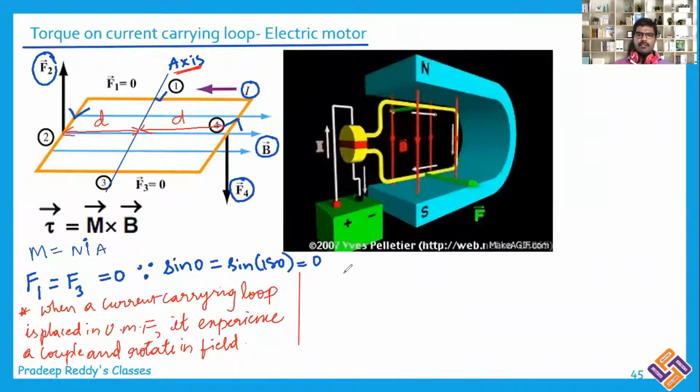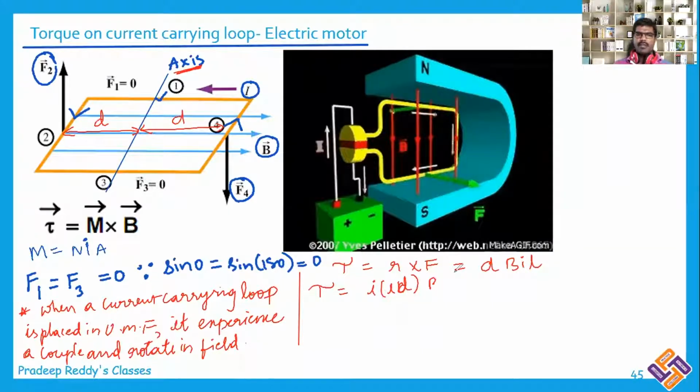What is the equation for torque? Torque is equal to r bar cross F bar. What is r? r is the perpendicular distance, I can take it as d, and F is BIL. This gives you torque tau equal to I into L into d into magnetic field B.